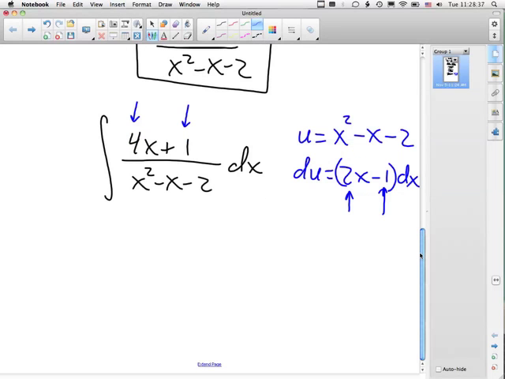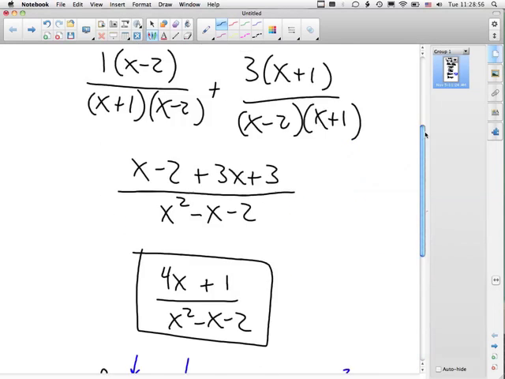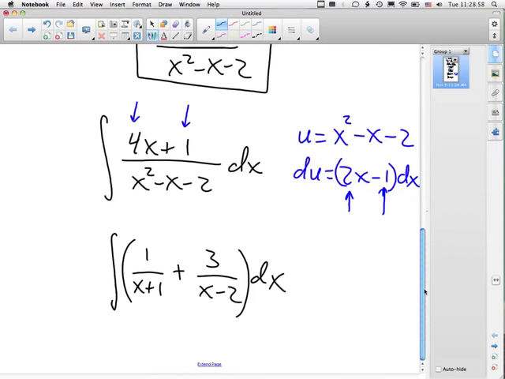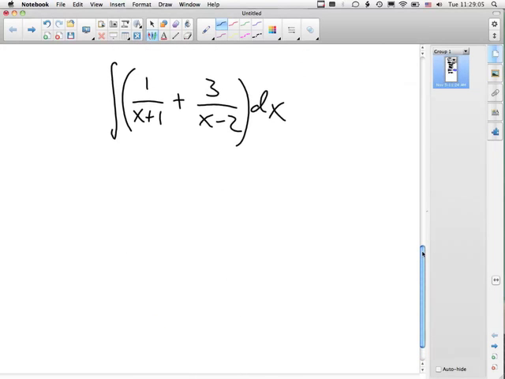But clearly we started from this being the integral of 1 over x plus 1 plus 3 over x minus 2. Double check that. Yes. Okay. Now I may not know how to integrate that thing together, but I definitely know how to integrate this.